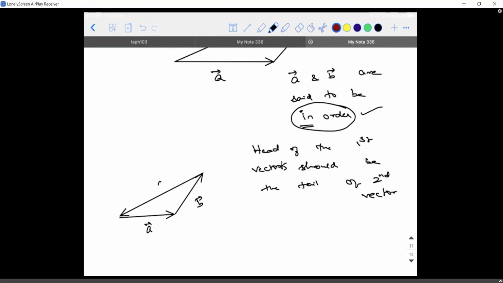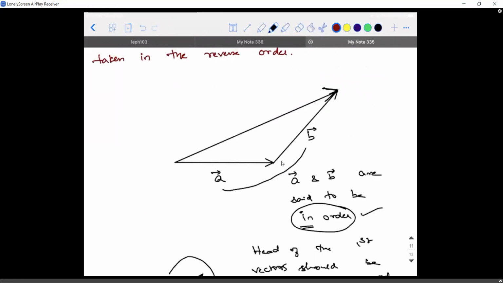In this diagram, A vector and B vector are in order, but B vector and the so-called C vector are in reverse order. Similarly, A vector and C vector are also in reverse order. So reverse order means the tails and the heads should coincide.